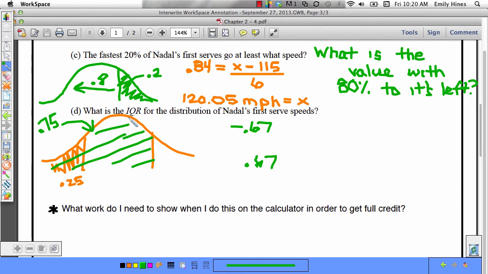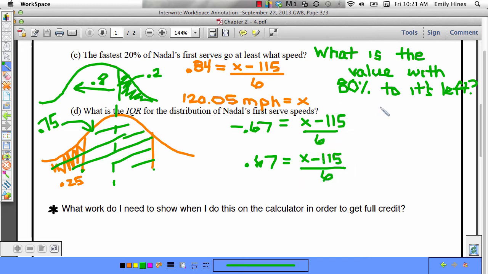If you say, well, how can that be? Remember that because this is symmetric, my mean is the 50th percentile. So this is 0.25 this way, and that's 0.25 that way, so they have the same z-score. One's negative, one's positive. So there are my z-scores: x minus 115 over 6, same thing for this one.